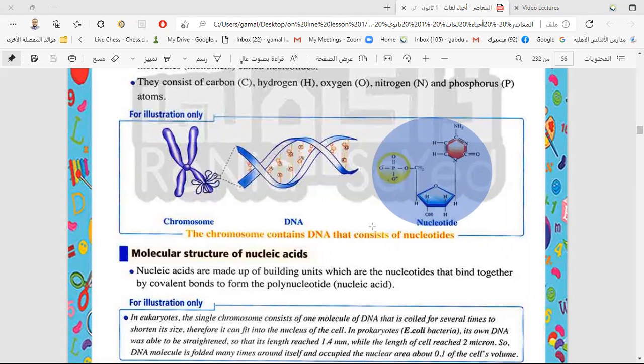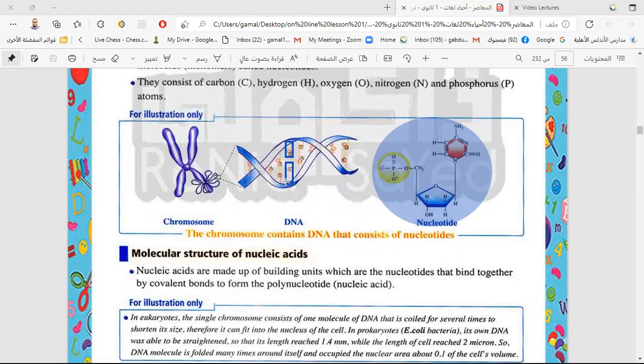The nucleotides bond together at the nitrogenous bases. The nitrogenous bases bond together on the molecule of DNA. Here we have a nitrogenous base, for example, and we have here another nitrogenous base.